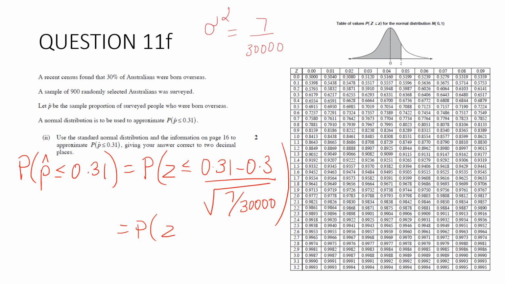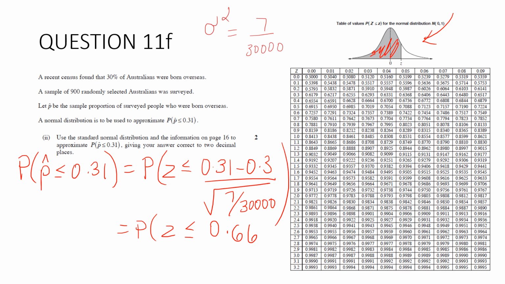which is equal to the probability that Z is less than or equal to, what we got here, 0.31 take 0.3 over the square root of 7 divided by 30,000, is 0.66. All right, quick check of our table here. We are given the full area below Z, so we don't need to add on 0.5 or anything like that.